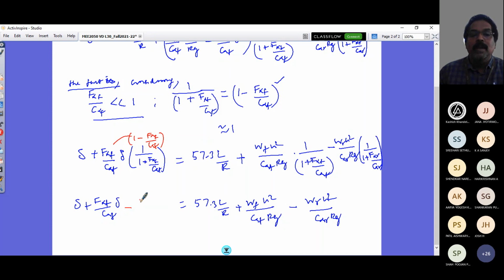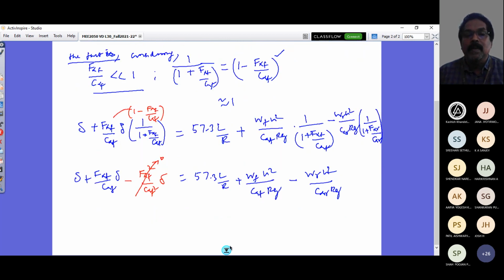This term would be Fxf squared by C alpha F squared into delta. Already Fxf by C alpha F is much smaller than 1, and its square is going to be even smaller. So this term can be neglected again.